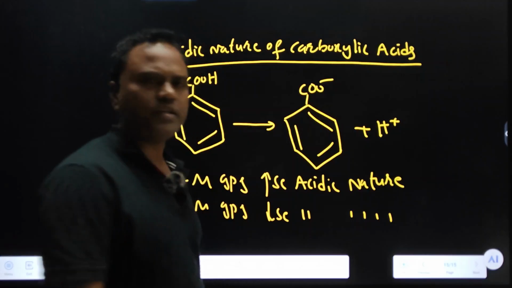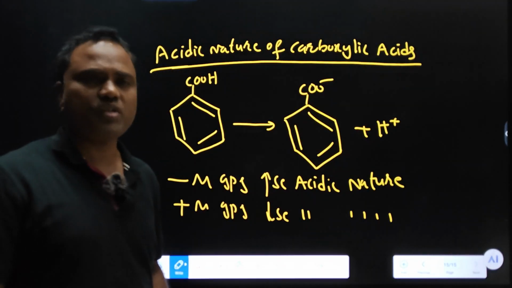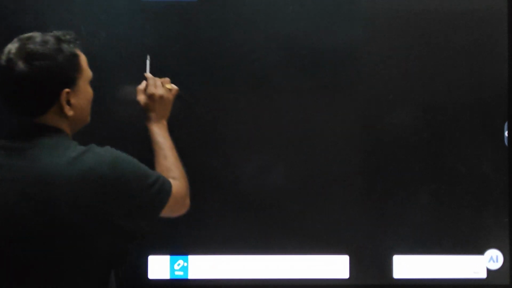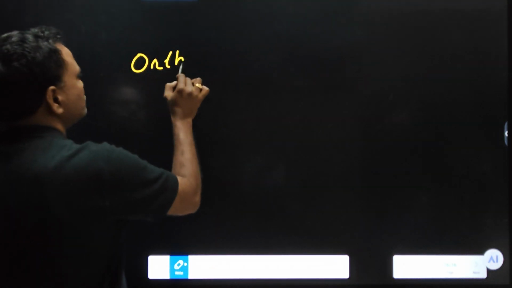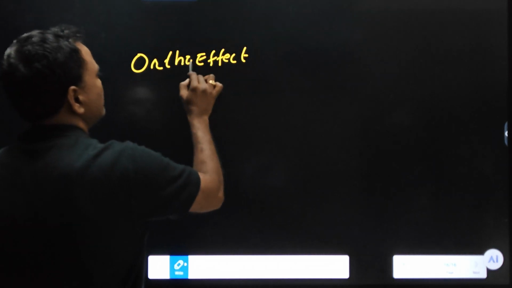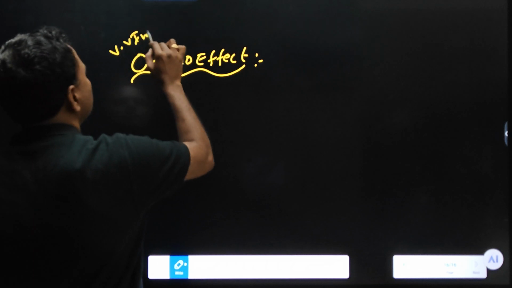Okay, let us start the examples. Before starting the examples, another important concept or definition I will give you, that is the ortho effect. Very important. What is the ortho effect?